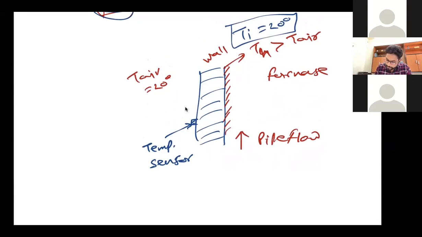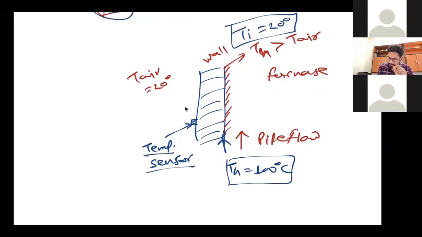So this part, what you have here, gets the temperature of 100 degrees all of a sudden. When it does, you want to measure that point in time using this temperature sensor.